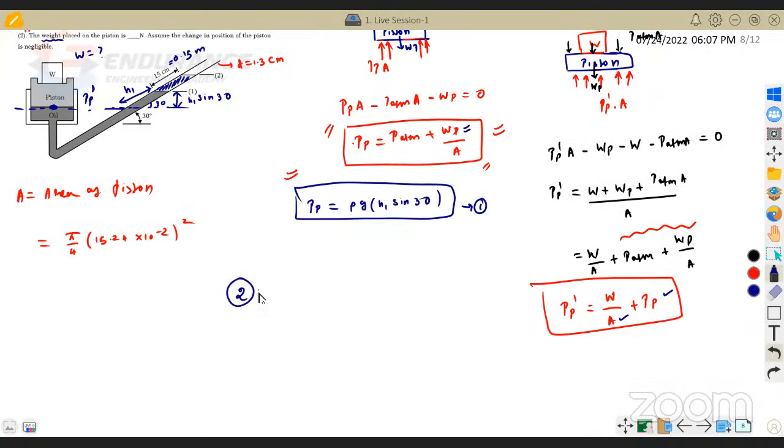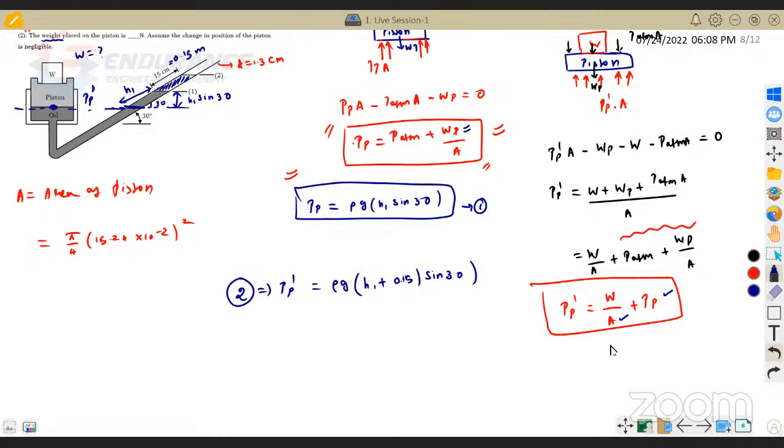For the second case, the pressure at this point is pp dash, which is equal to the pressure at this point, which is rho g into h1 plus 0.15 sine 30.